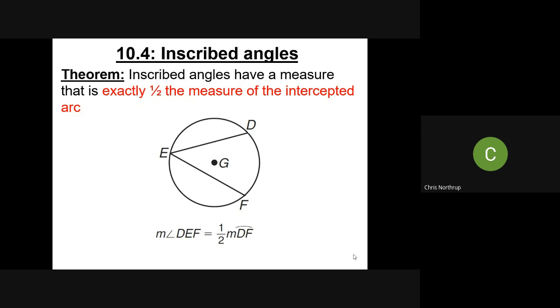For example, if arc DF was 100 degrees, then angle DEF would be 50. Conversely, suppose angle DEF was 60. Then arc DF would have to be 120 degrees. So it's a nice, quick way to get from one measure to the other.